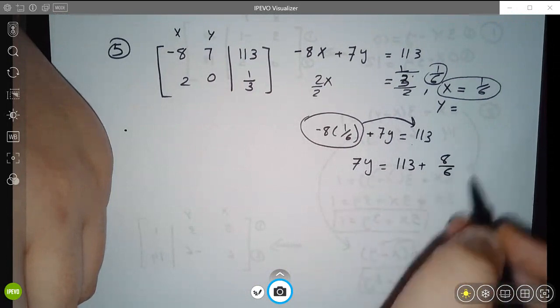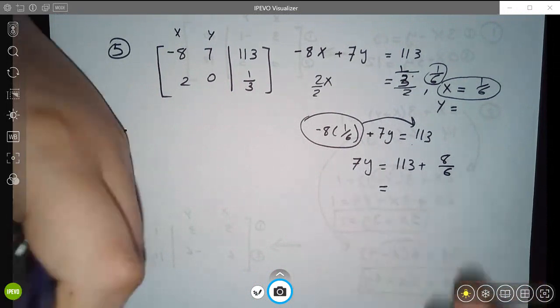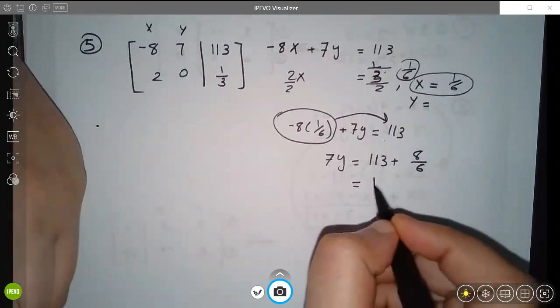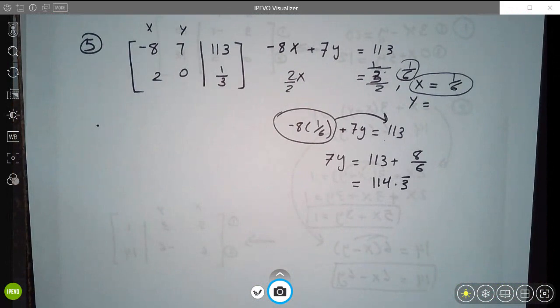Which is 4/3. But anyway, let me add those real quick, because that's like 114.3 like that. But I want to make sure since I'm doing it in my head. Yep.